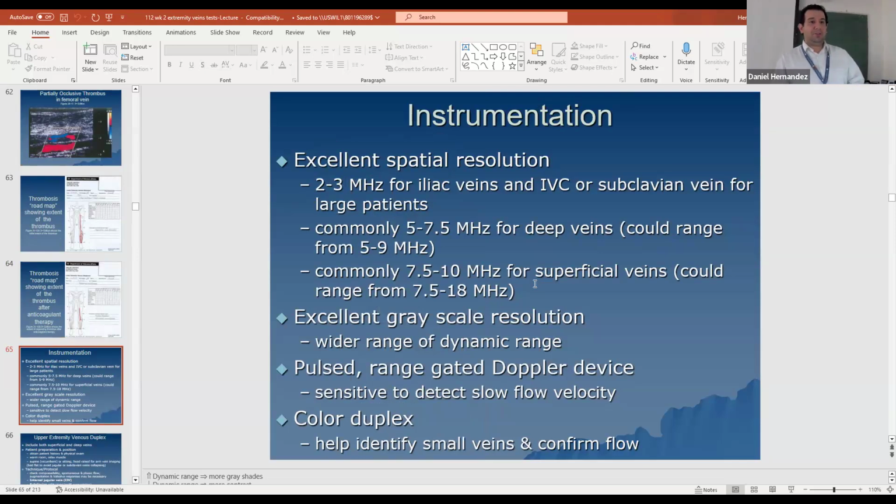Or for larger patients trying to image that subclavian, we might have to utilize the lower frequency 2 to 3 megahertz curve transducer. We want to get nice grayscale resolution, pulse wave Doppler to detect that flow, and optimize our color settings for slow flow. Because now we're talking about venous flow. The flow is significantly slower than arterial flow. So we have to adjust our color Doppler settings accordingly.